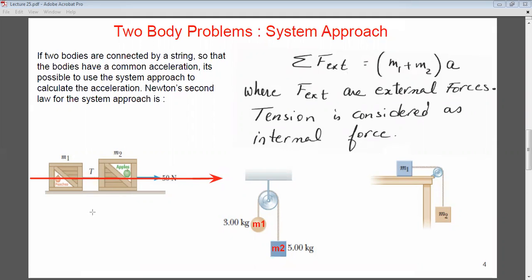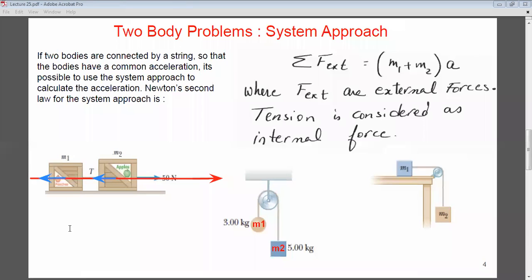So for example, here, if there is no friction, what do I have along this red line? I only have this force. If there is a friction, then I will also have a friction here and friction here.